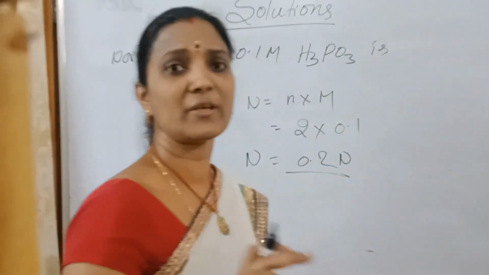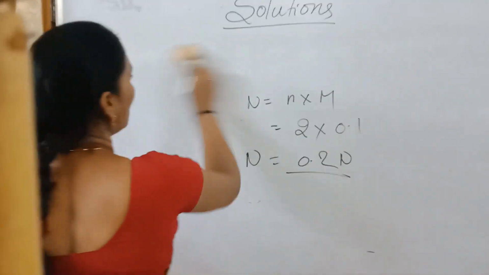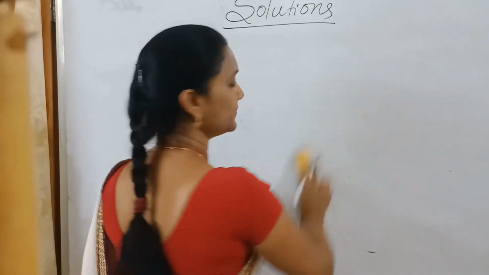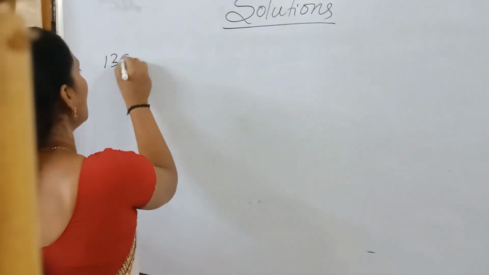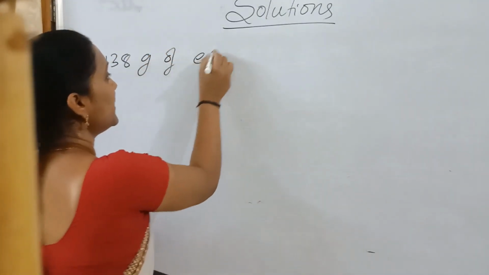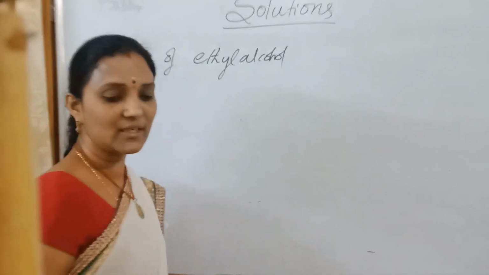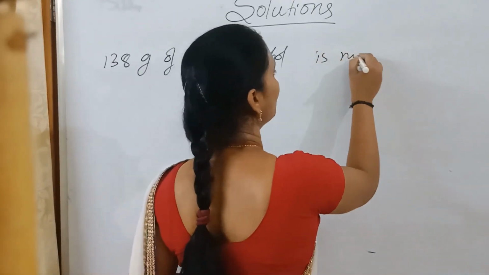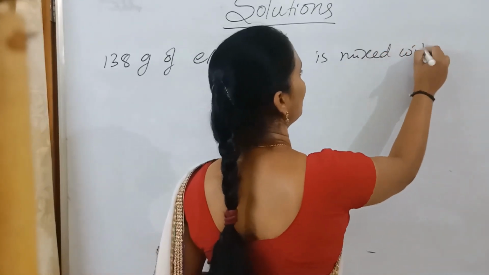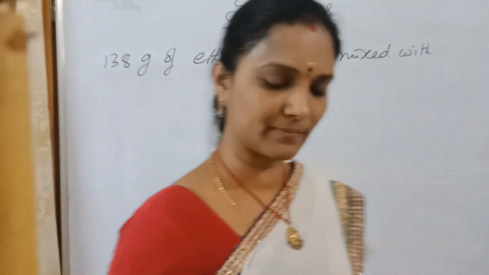138 grams. Now ratio, nothing but just mole fraction, how to calculate only mole fraction. 138 grams of ethyl alcohol is mixed with 72 grams of water.